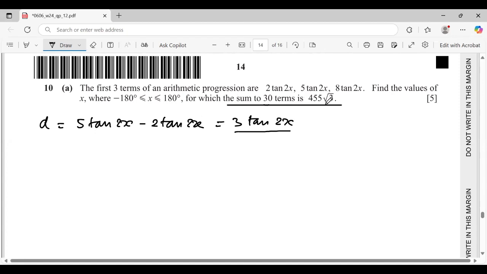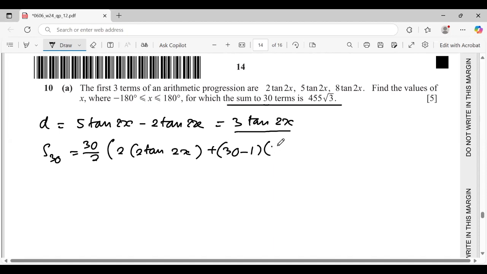Now, based on this information, the sum of 30 terms: S30 equals 30 over 2 times (2a plus (30 minus 1) times the common difference).